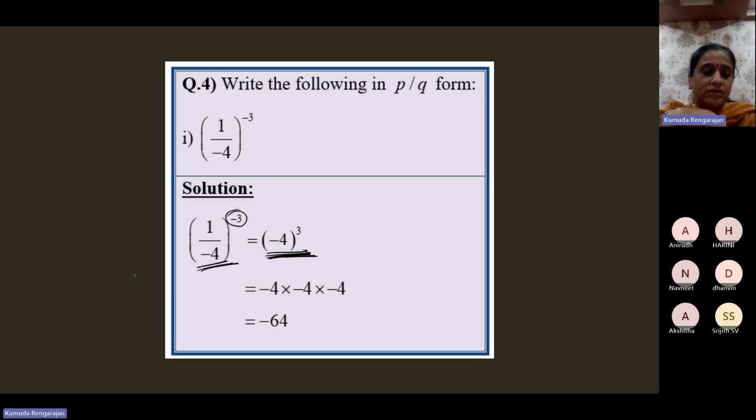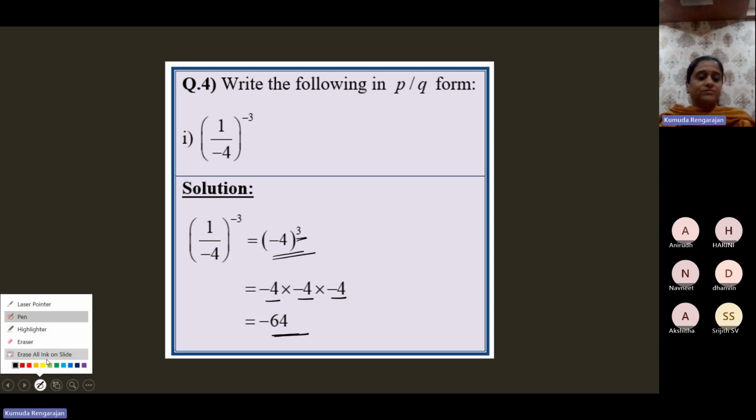See, the power says how many times the base has to be multiplied with itself. So when the power is minus 3, minus 3 times is meaningless. So you want the power to be positive so that you know the number of times the base has to be multiplied with itself. So we change this to its equivalent: reciprocal of the base, negative of the power. So you get this, and now the power is 3 times. The base has to be multiplied with itself 3 times, and the answer is -64.